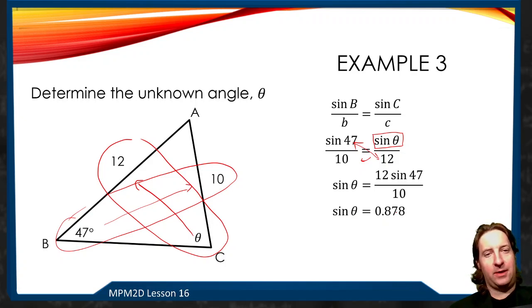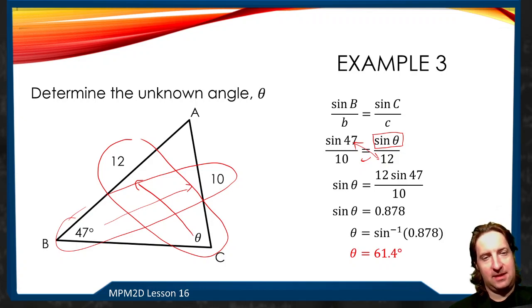So to get that, all we have to do is take the inverse sine of our number. Second function on your calculator, or inverse, however your calculator works. We undo what the sine does. And that'll give us an angle of 61.4 degrees. Okay, so if we're looking for an unknown angle, it's the exact same method.